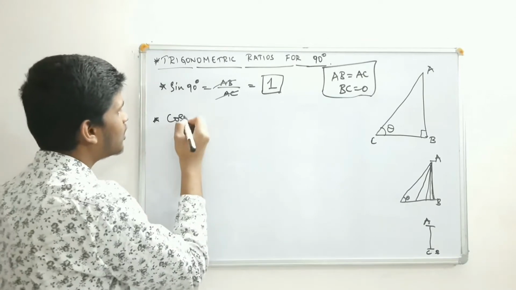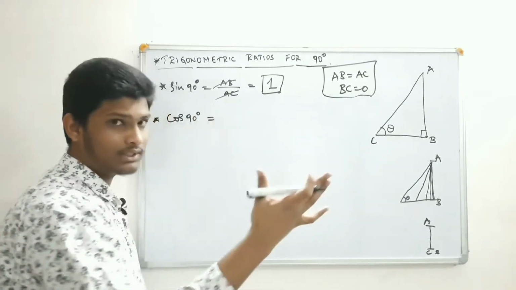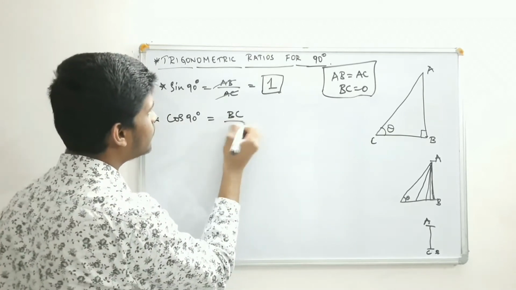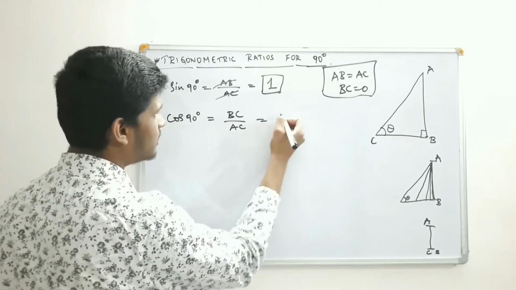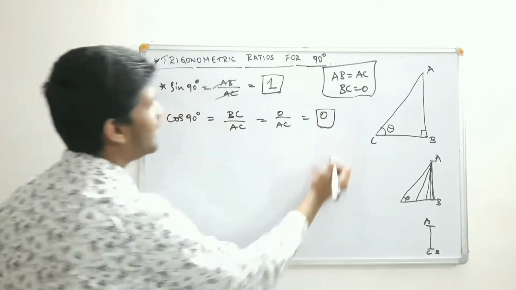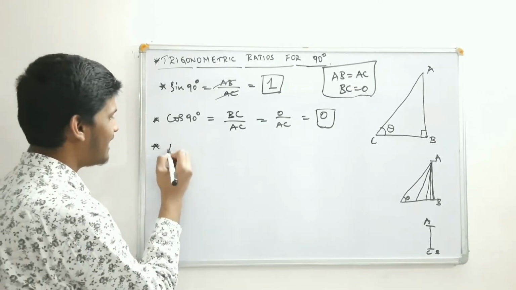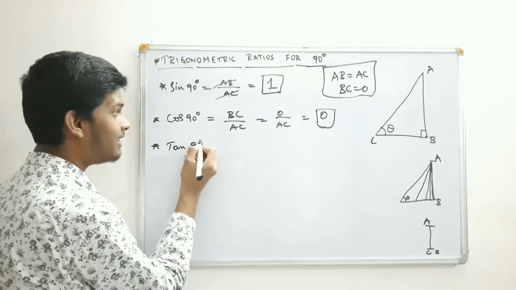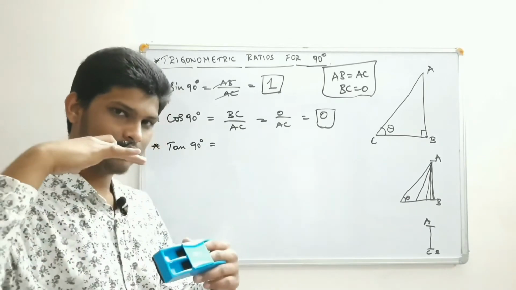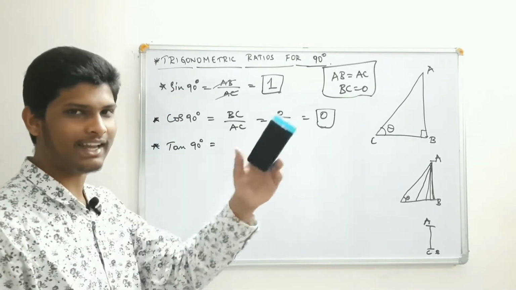And next if you come to cos 90 degrees, adjacent side, here adjacent side is BC, divided by hypotenuse. Here BC is 0, and AC is something we don't know, so it becomes 0 by anything, it is 0. And next tan 90 degree is sine by cos.